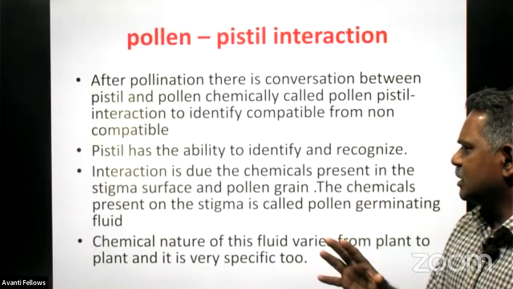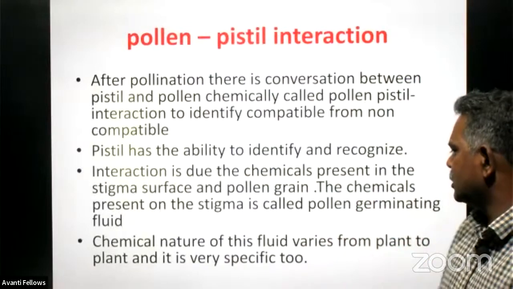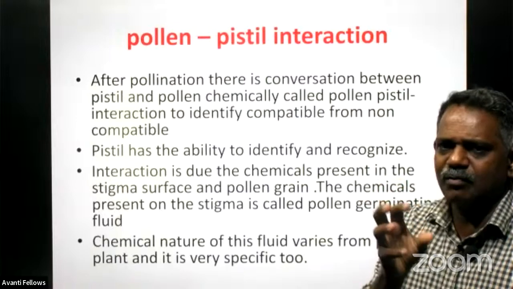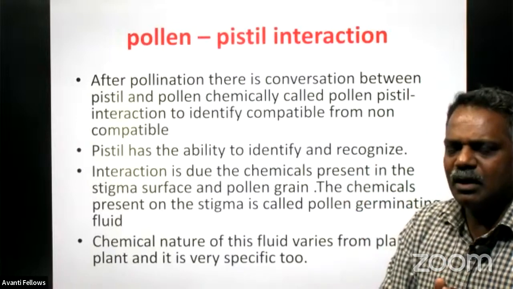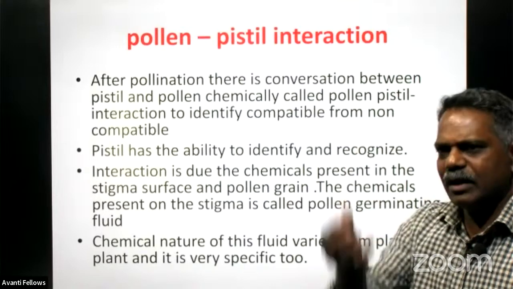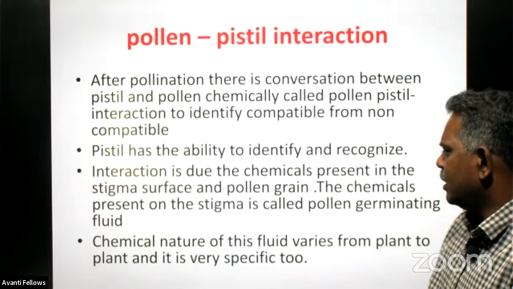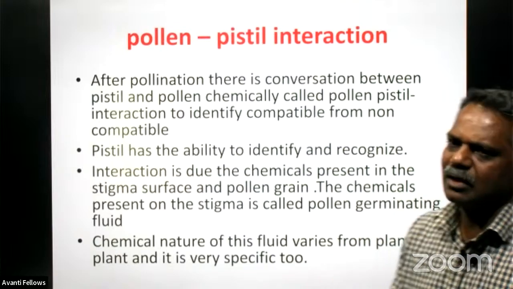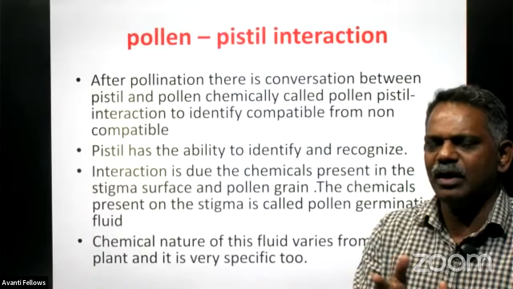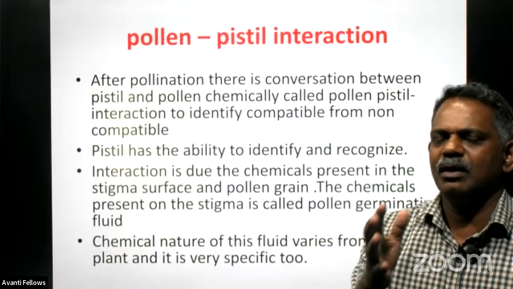The chemical present on the stigma is generally called the pollen germinating fluid. There is a particular fluid on the surface of the stigma that makes the pollen grain sprout and go for fertilization. The chemical nature of this fluid is not the same; it varies from species to species. This is the way it identifies the pollen grain of the same species.